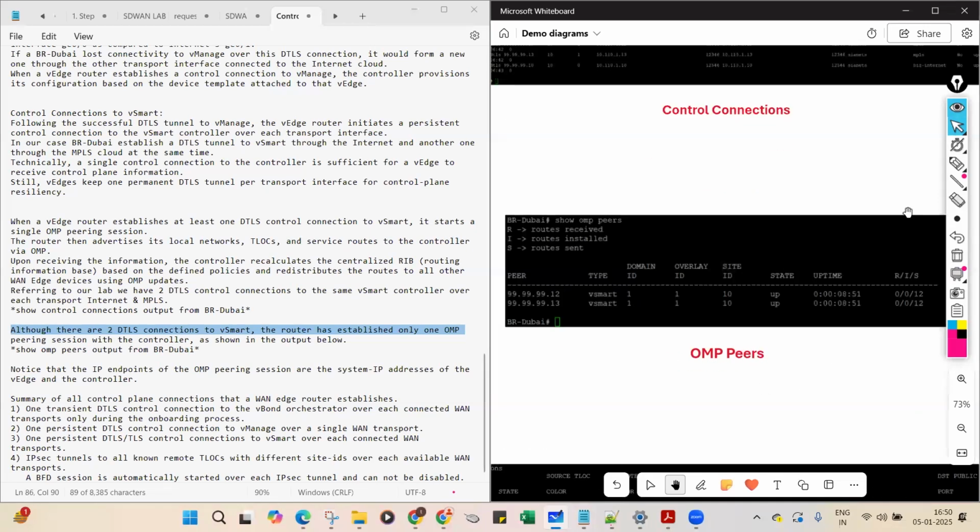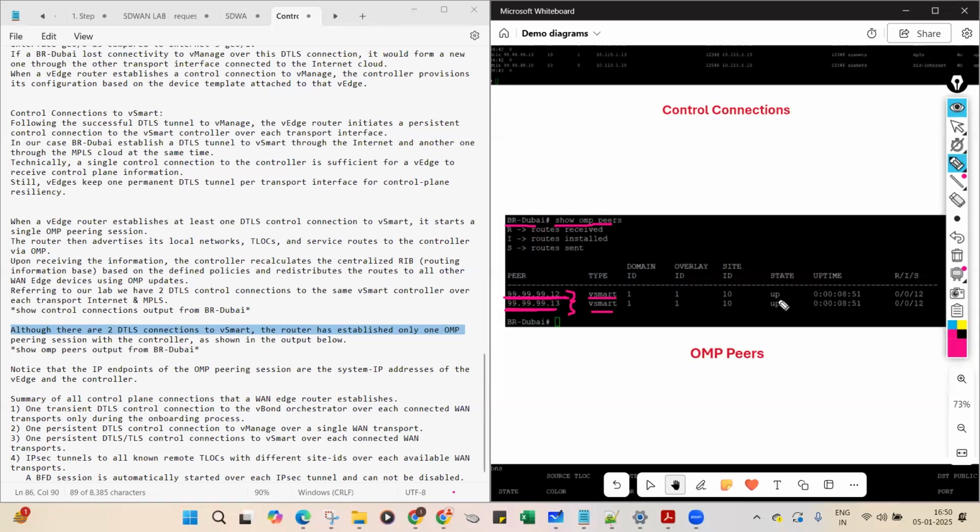So this is how it looks. From BR Dubai, we have an OMP peering with the vSmart IP 99.99.99.12 and 13, which is a vSmart. Notice that this is the system IP of the device. Each device has a system IP, and the OMP peering between the WAN edge routers and the vSmart is done over the system IP.